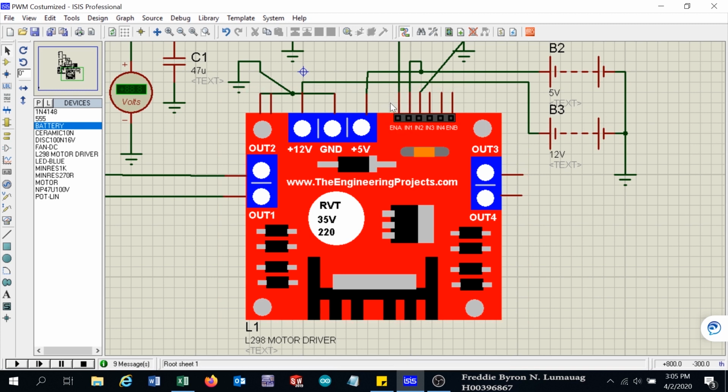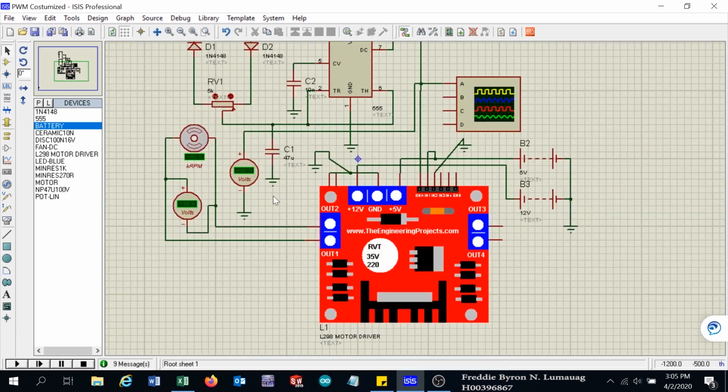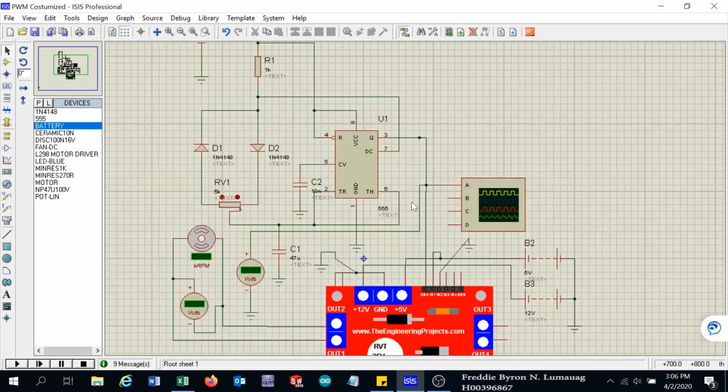This is to be supplied by a pulse width modulation signal so that we can vary the motor speed. So we have the same circuit as last time, but we have connected the enable terminal to here.